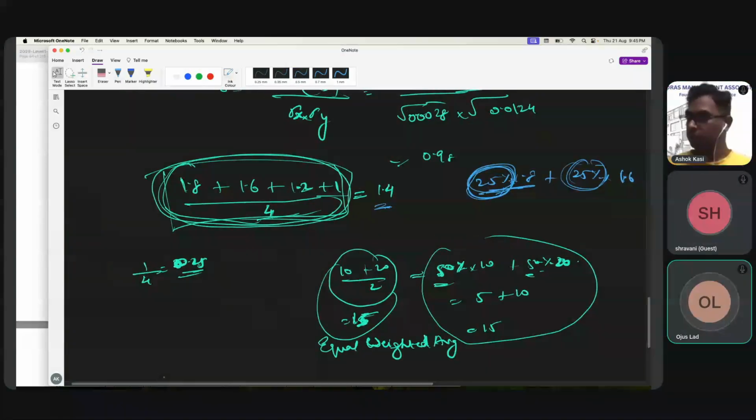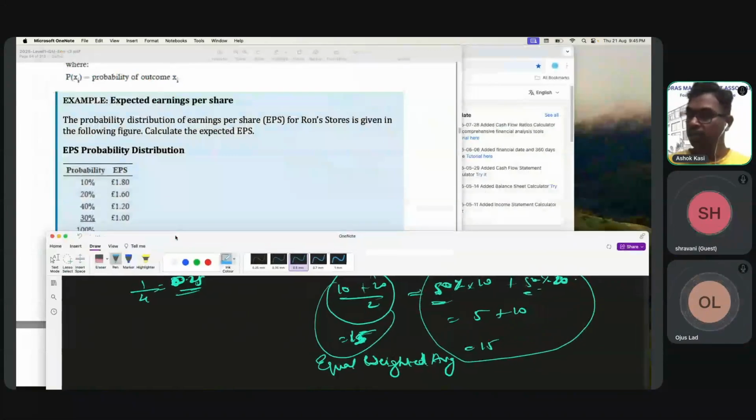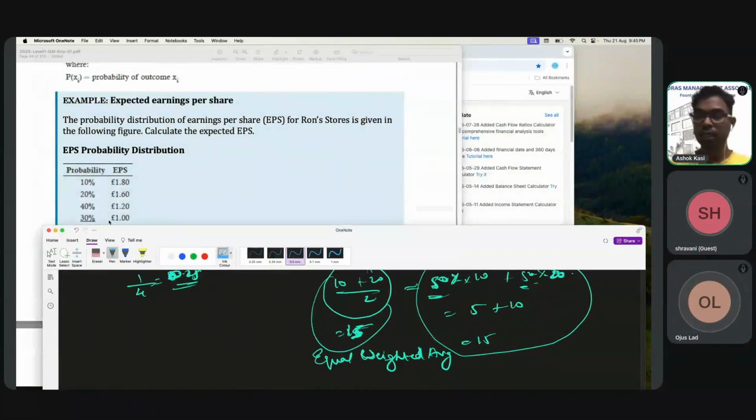So now the only difference is here they have told us not to take equal weight, and they have given the weight.